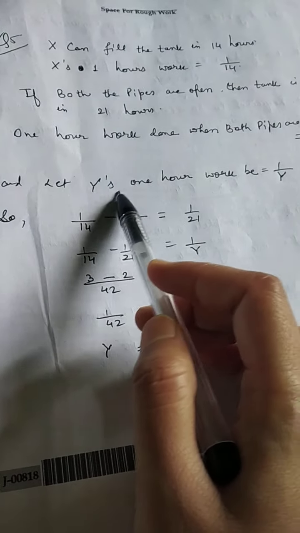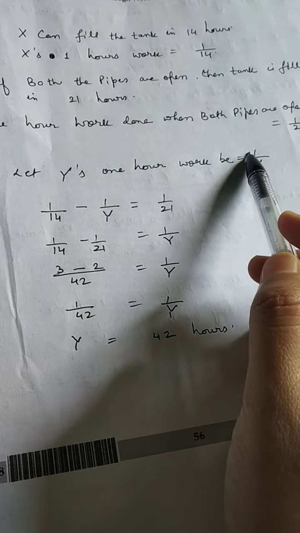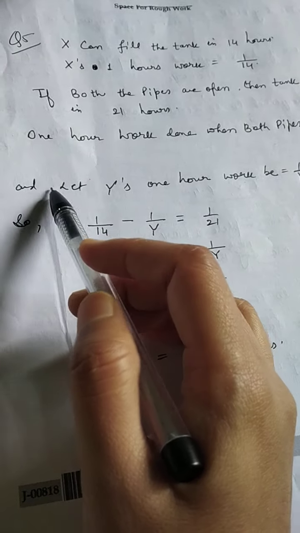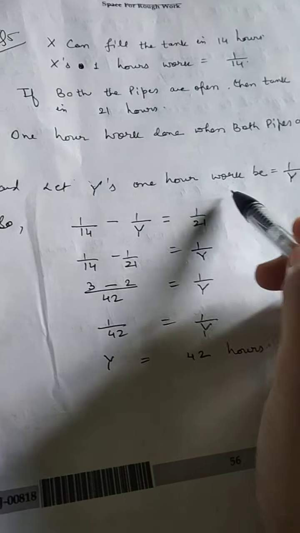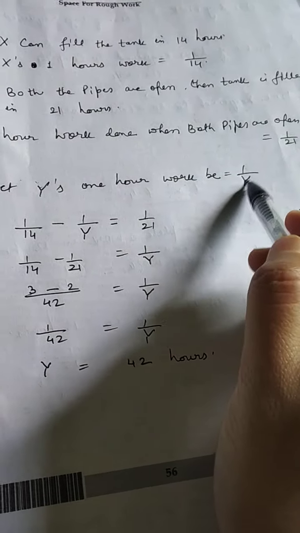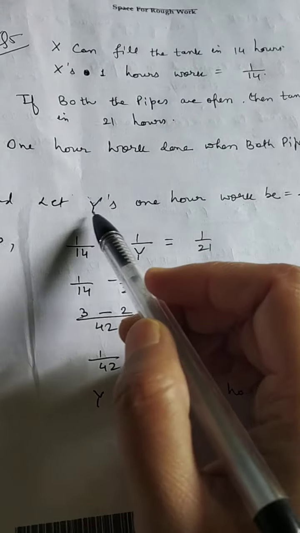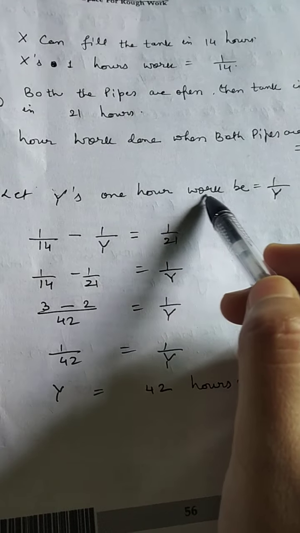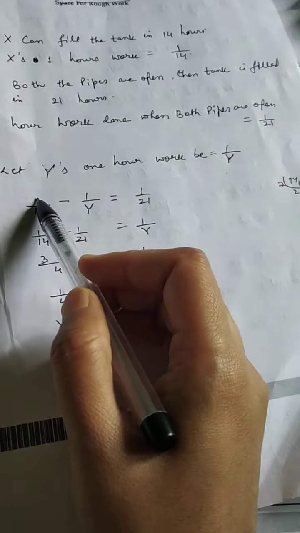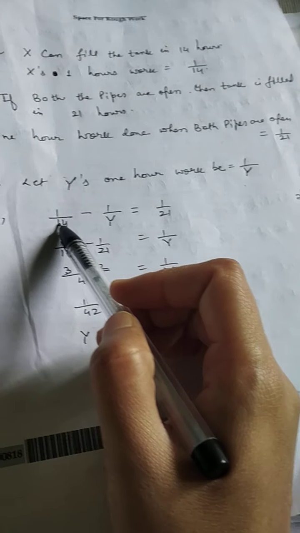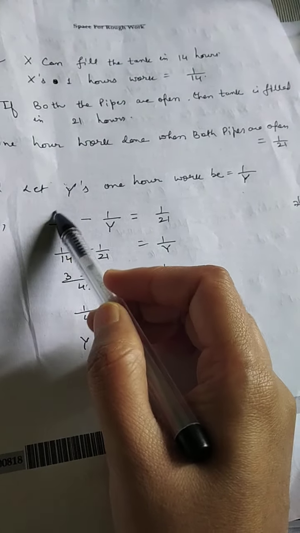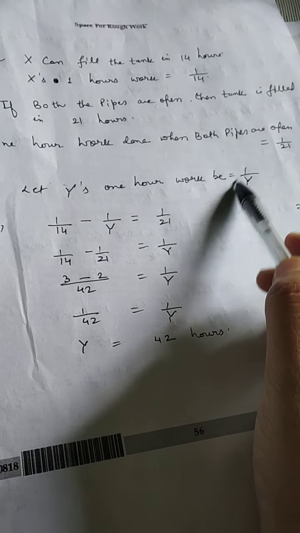And let Y's 1 hour work be equal to 1 by Y, because Y is not given, so you have to let it be Y only. So let Y's 1 hour work be 1 by Y. This is X's 1 hour work and this is Y's 1 hour work.